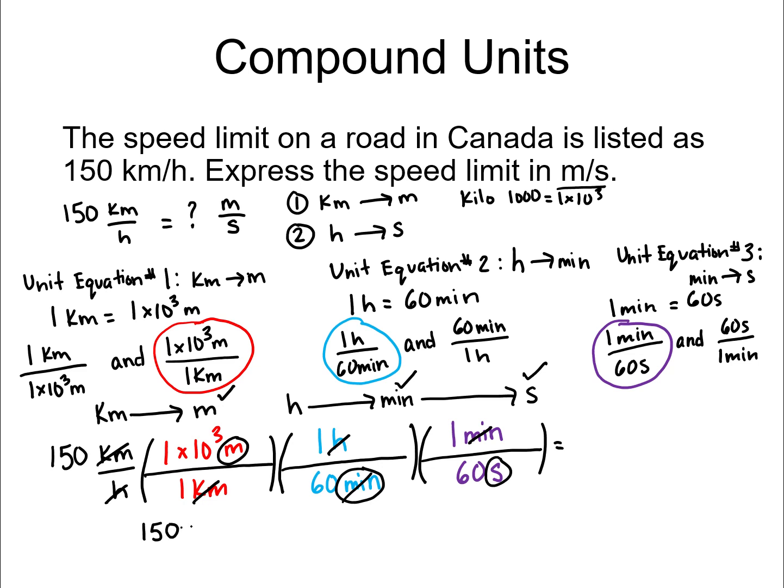Doing 150 times 1 times 10 to the third divided by 60 divided by 60 again. Try that in your calculator and let me know what you get.